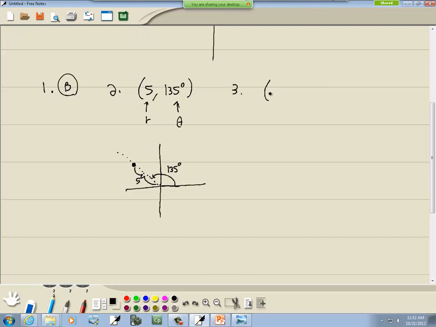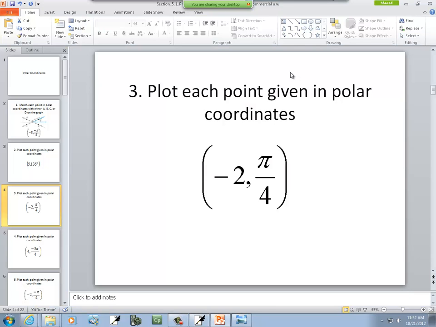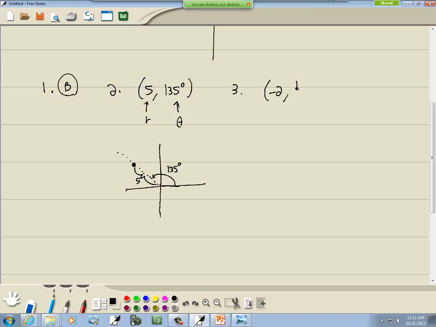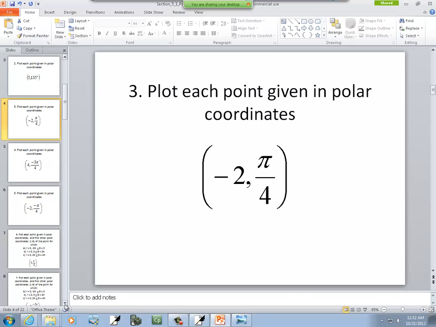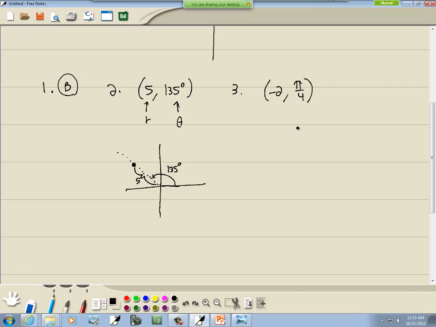Let's look at this one. Negative 2 and pi over 4. Same instructions, plot each point given in polar coordinates. Well, this is r, and this is theta.